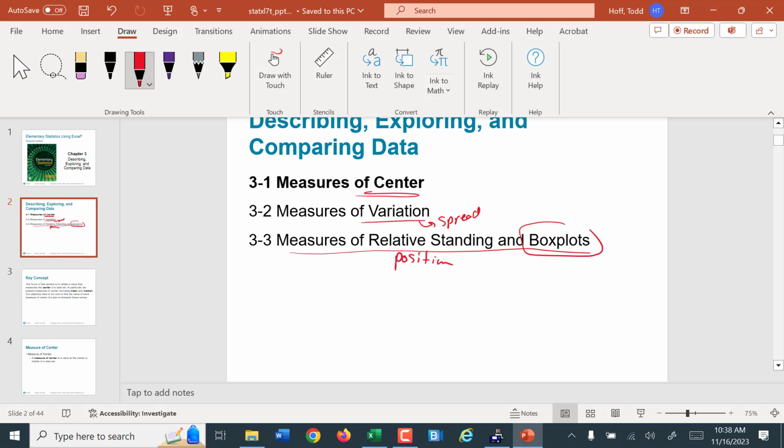Well, when we look at graphing or displaying data, let's say we want to look at some quiz scores, and we have a quiz where scores range from 4 to 10. So I'm going to make something called a dot plot.